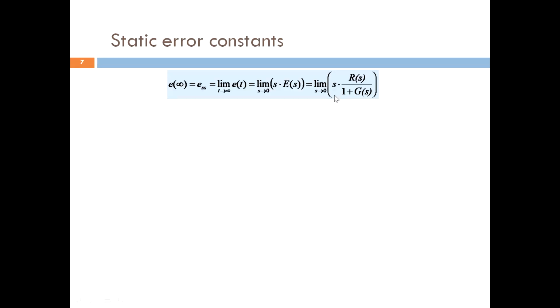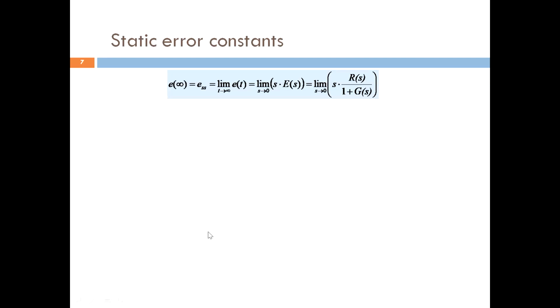Okay, so just again to keep in mind, when we look at this expression for the steady state error, we see that we have two key components, or the important variables that are going to affect the steady state error. As I mentioned earlier, the input as well as the system type are what affect the steady state response of a system.